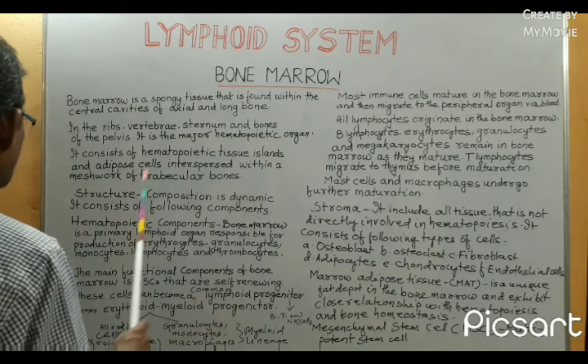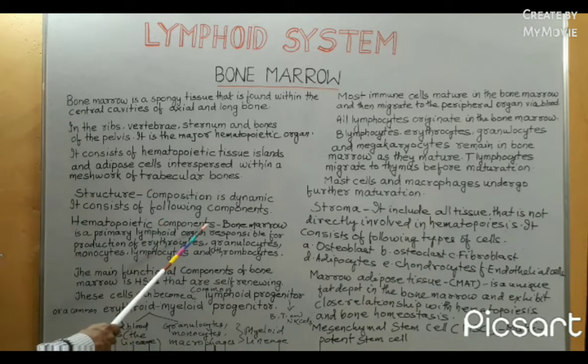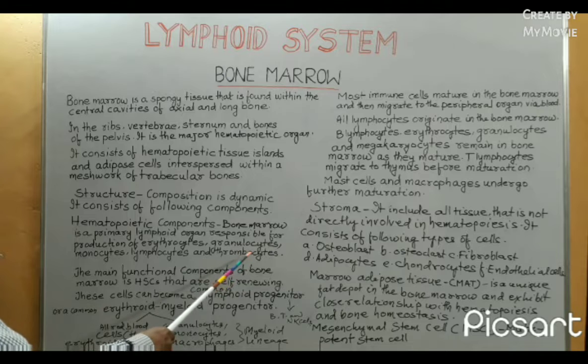So first is hematopoietic components. Bone marrow is a primary lymphoid organ and responsible for production of erythrocytes, granulocytes, monocytes, lymphocytes and thrombocytes. Thrombocytes are also known as platelets.